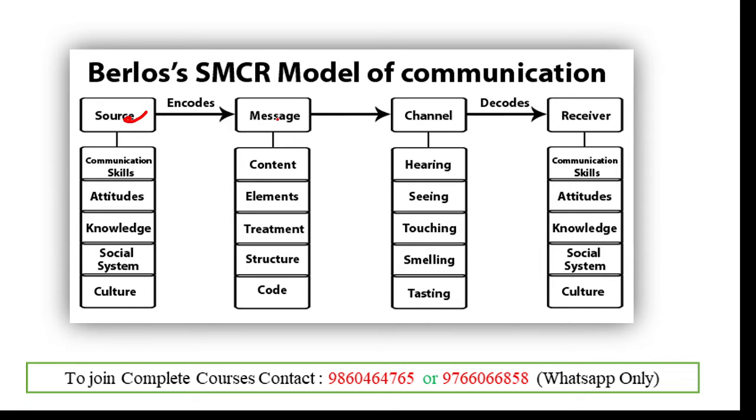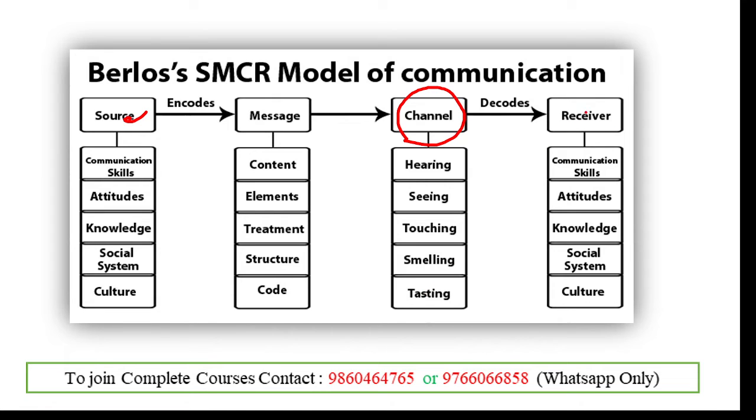The message is influenced by content, elements, treatment, structure, and code. And for channel, there are various channels: hearing, seeing, touching, smelling, and tasting. You can get the message through these channels, by hearing, seeing, touching, or smelling anything.